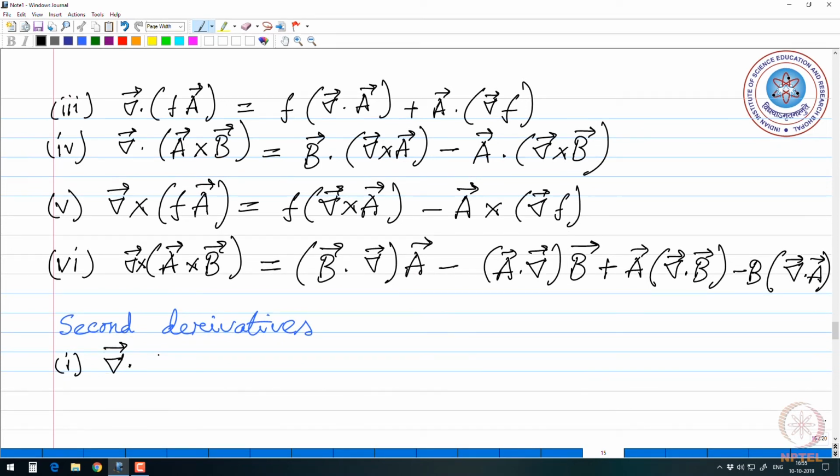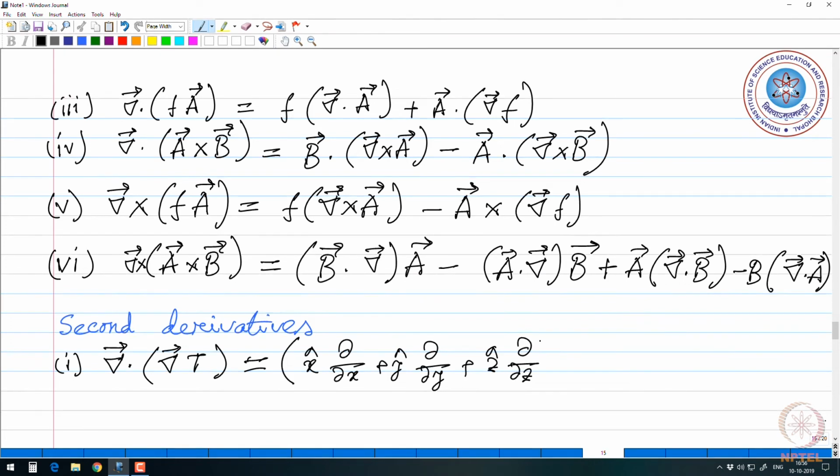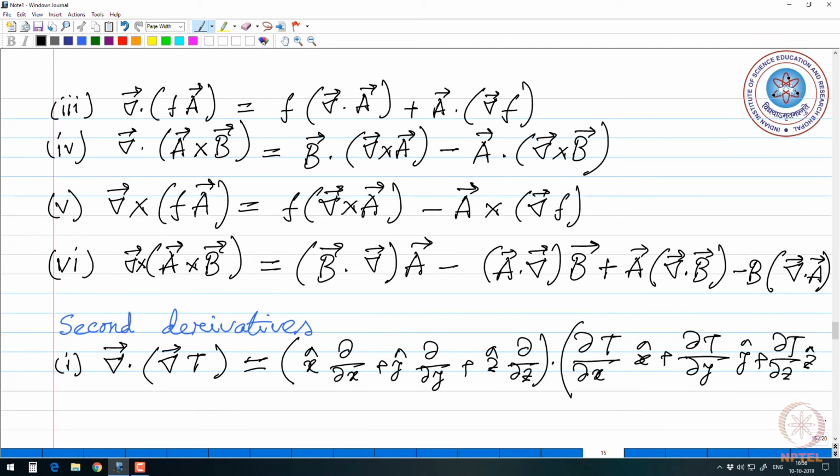The divergence of the gradient of a scalar: we can calculate this one and we will find that this quantity becomes x cap del x plus y cap del y plus z cap del z dotted with del t del x x cap plus del t del y y cap plus del t del z z cap, and this will be del 2t del x2 plus del 2t del y2 plus del 2t del z2.